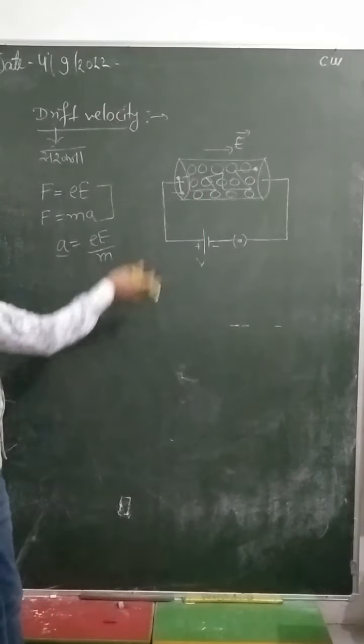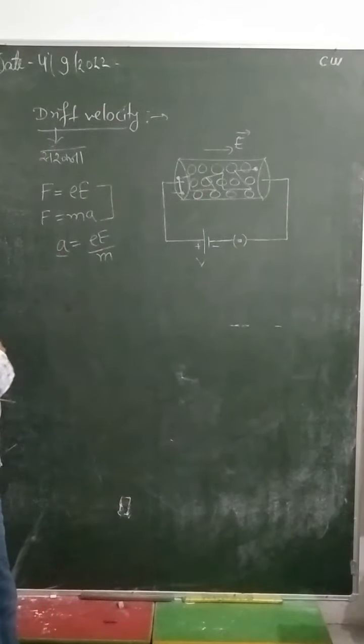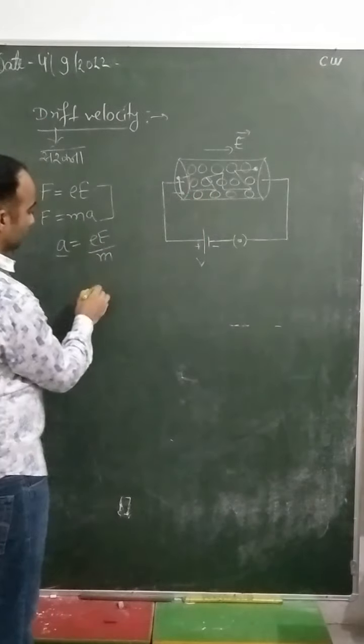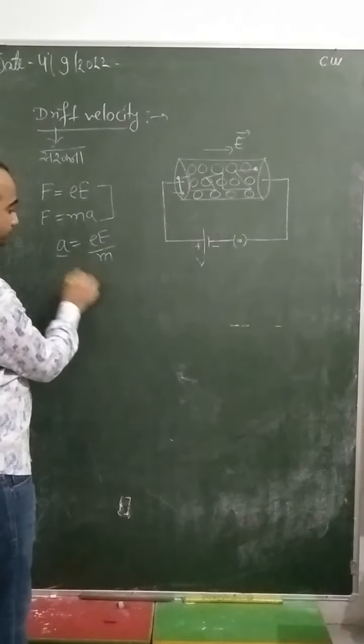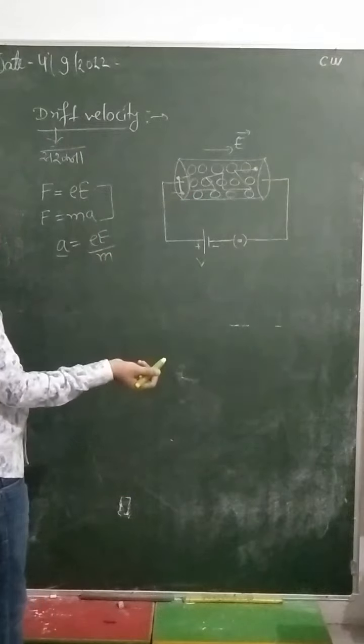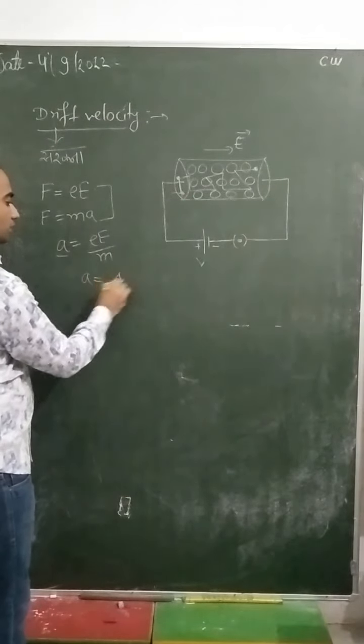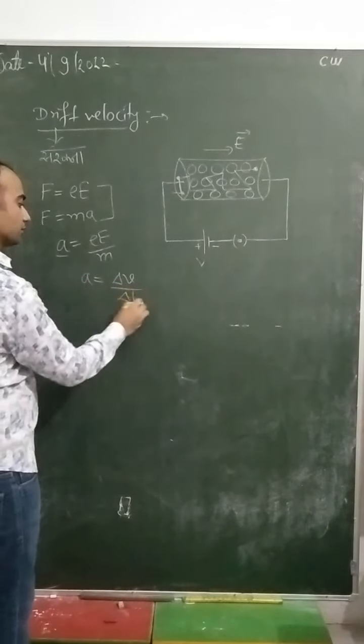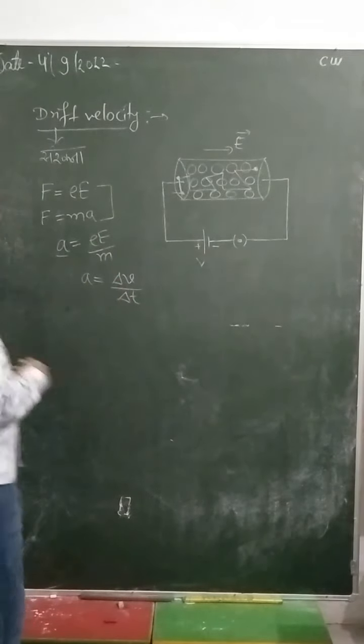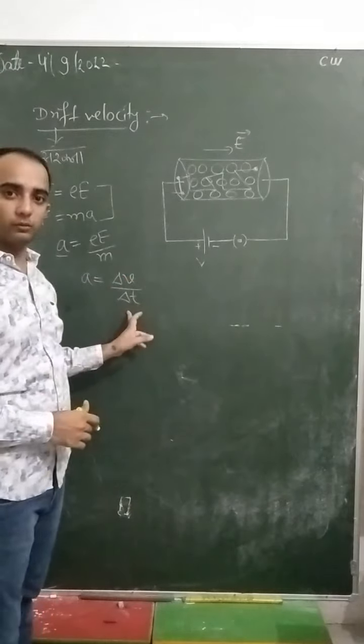Now you have the acceleration. What will be the drift velocity of this electron? We have to calculate it. According to the equation of motion, we can write acceleration is equal to del v upon del t, the rate of change of velocity.